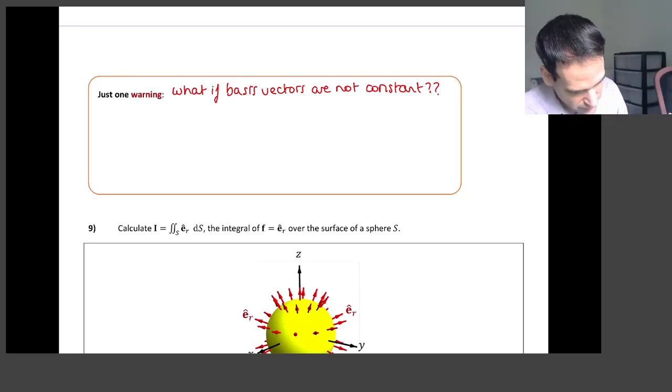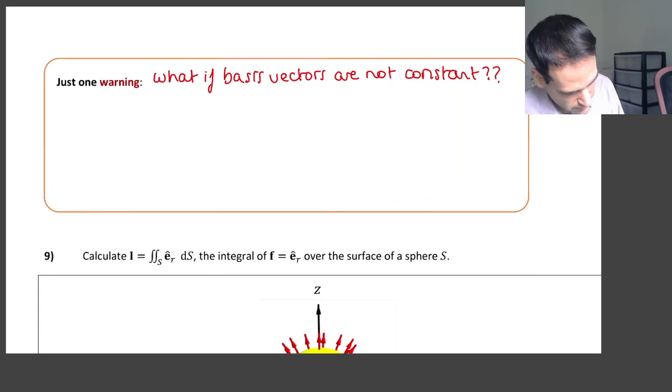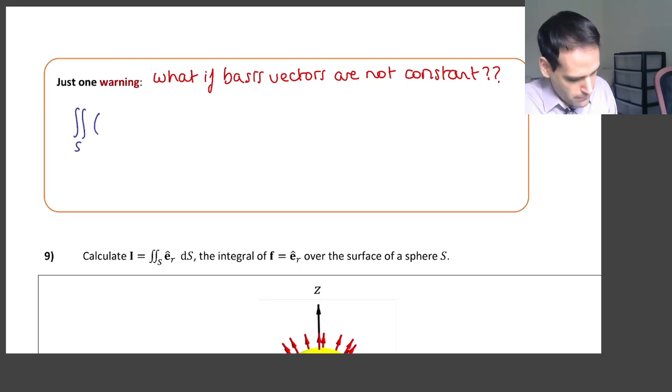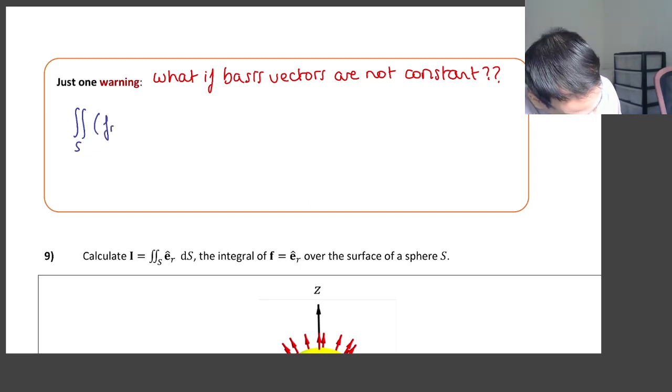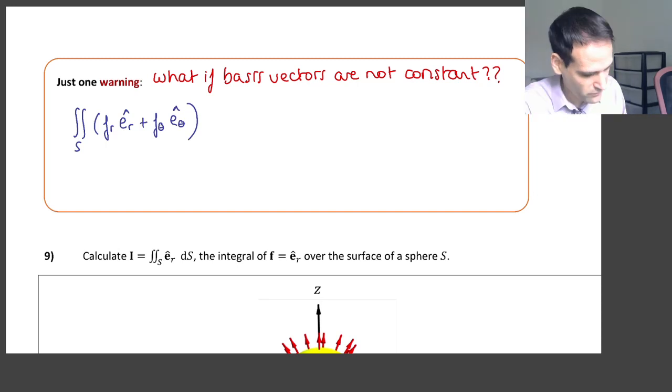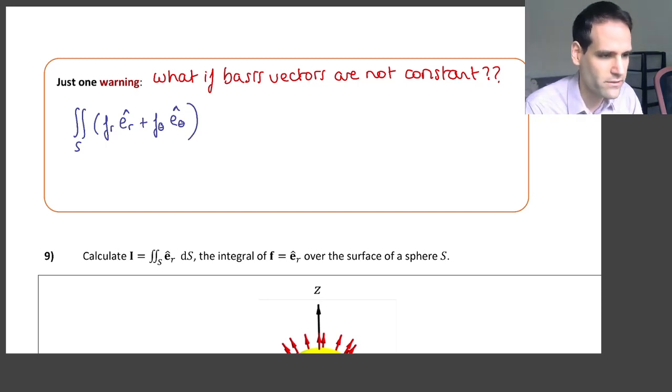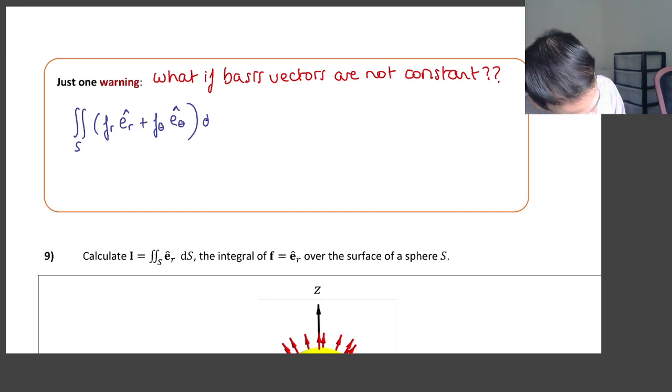But what if I ask you to integrate a vector, surface integral of a vector, which I write in, let's say, spherical coordinates, and I give you f_r in the e_r direction plus f_theta in the e_theta direction, and let's say there is no phi direction in this vector, times dS.